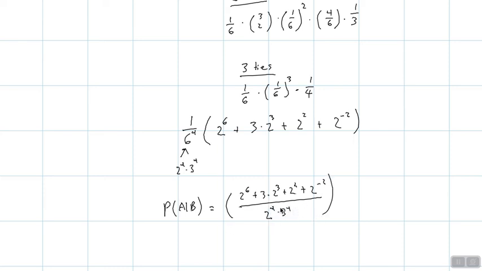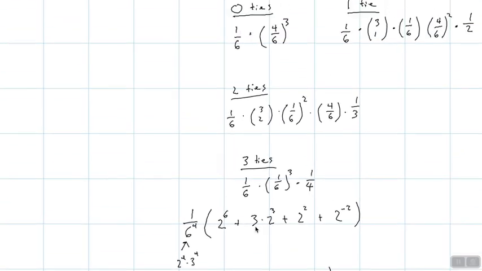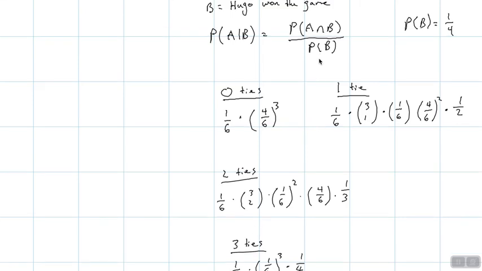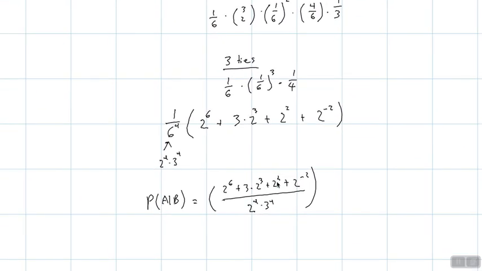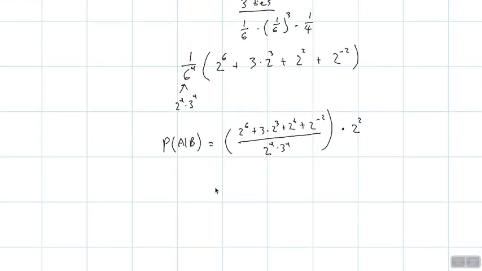This is just the probability of A intersect B. And then we need to divide by 1/4 because we said probability of A given B, we're dividing by the probability of B. And dividing by 1/4 is the same as multiplying by 4. So we multiply by 2 squared here. And then that's just going to equal 2 to the 8th plus 2 to the 5th plus 2 to the 4th plus 1.